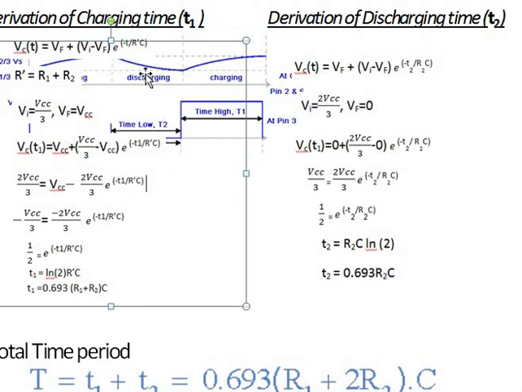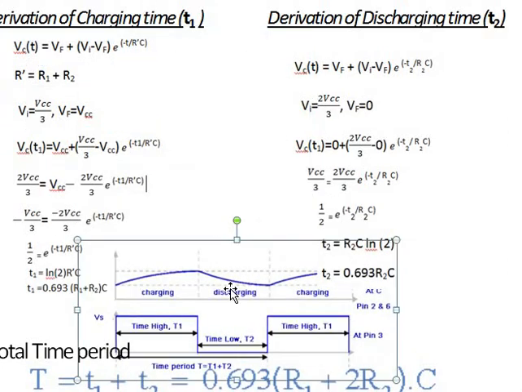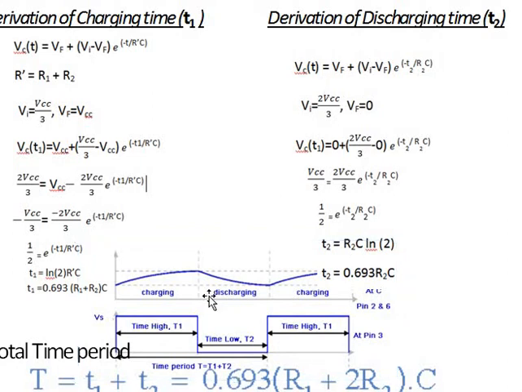Here the initial voltage is 2 by 3 VCC while discharging, and the final value is 0, since it discharges towards 0.